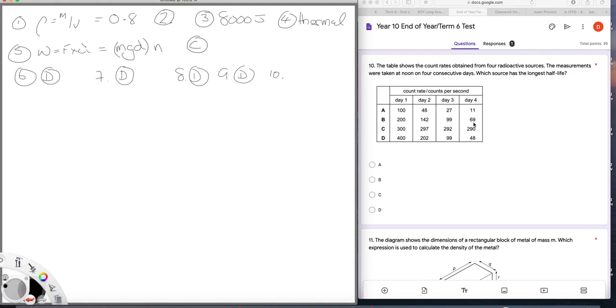This is down to 69 in 200, which would be about 34.5 in 100. So that's 11, 34.5. Divide that by 3. What I'm doing is saying I want this number to be a proportion of 100. So that's 11 in 100.